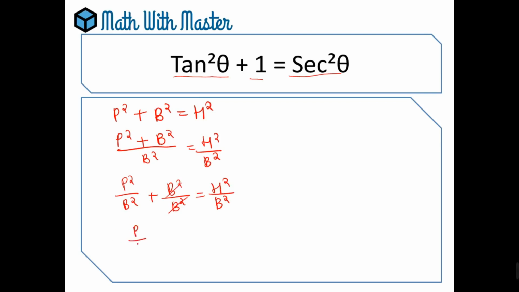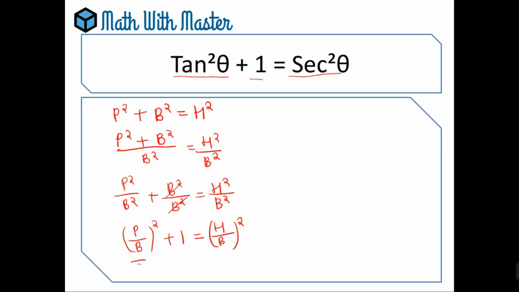Now we make it p by b: perpendicular upon base whole squared plus 1 equals hypotenuse by base whole squared.